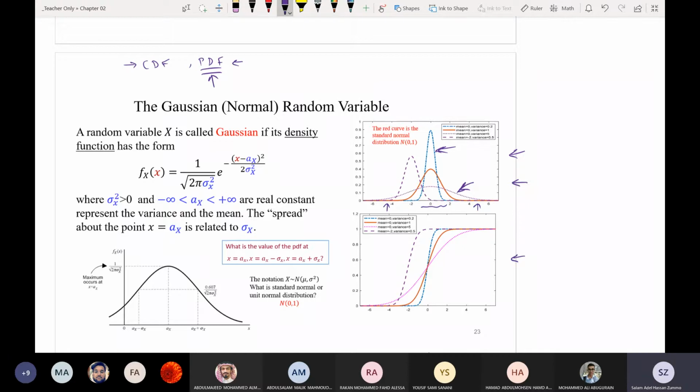So this اللي هو العريض, wide distribution has more values. It spans more values than الضيق هذا.